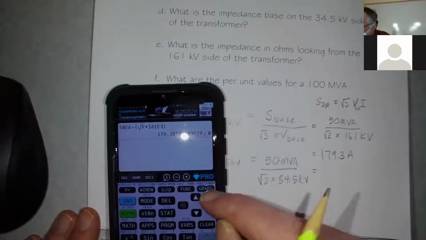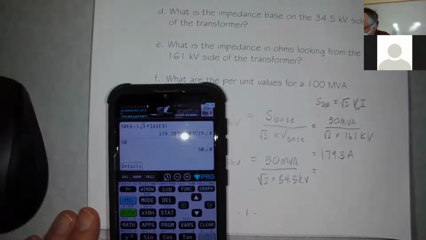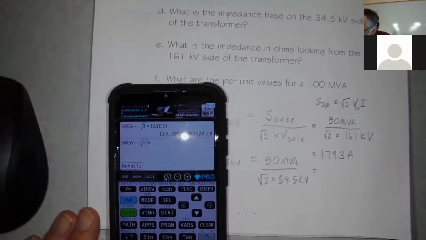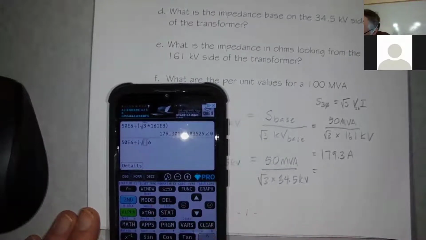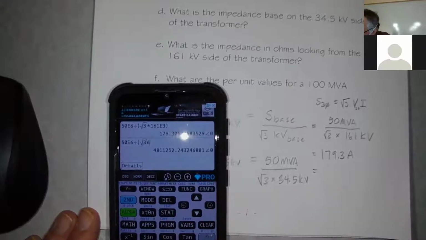So we'll just do 50 to the 6, divided by parentheses, square root of 3, times 34.5.